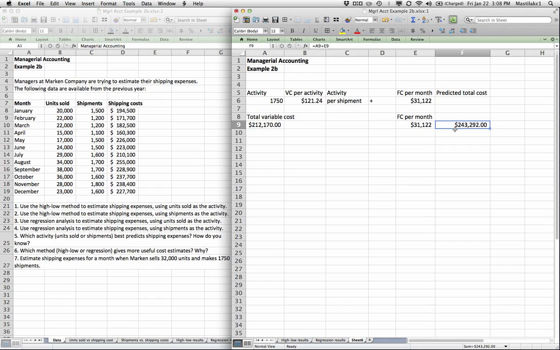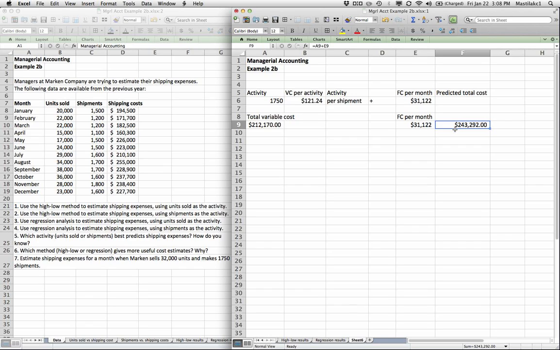And if I'm the manager in charge of the shipping department, I'm going to want to know how this prediction and how the budget was made, so I have an understanding of how the people above me, my supervisors, are going to hold me accountable. And if I'm the supervisor of the shipping department manager, I need to have an estimate of how these costs are going to be incurred, so I know what to hold the shipping manager accountable for.